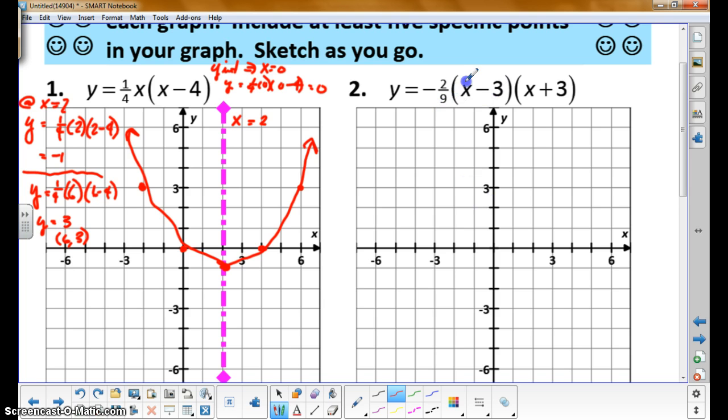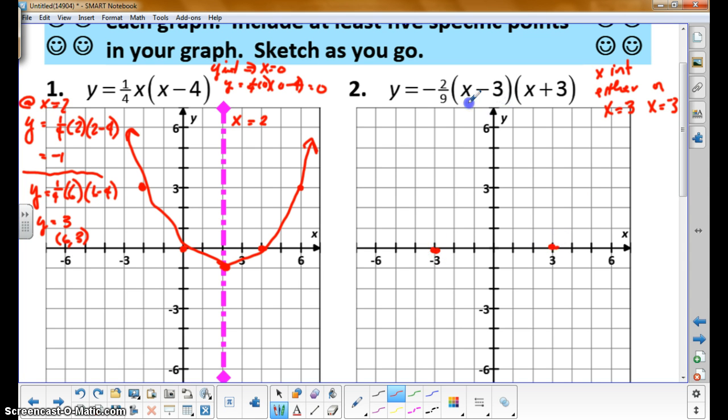And you can probably read right here, what are the two x-intercepts? Either x is equal to negative 3 or x is equal to positive 3. So positive 3 and negative 3 are our two roots. There they are.